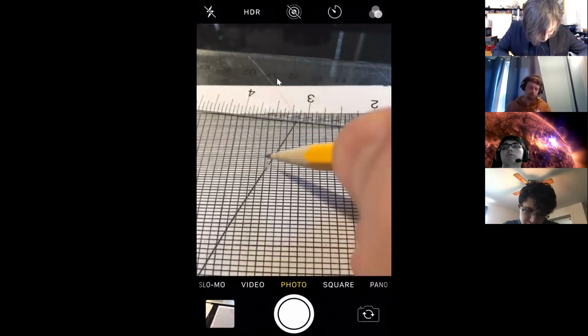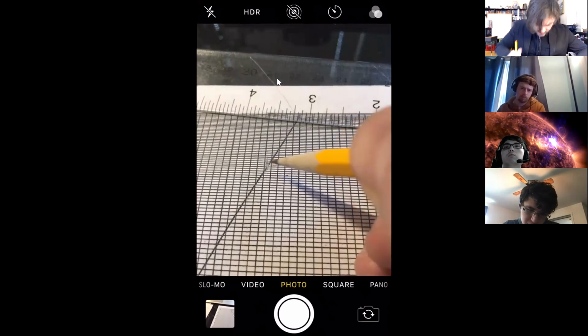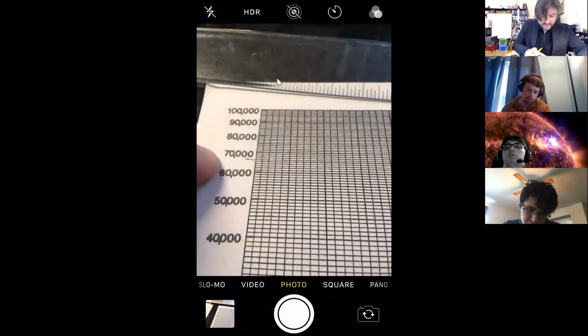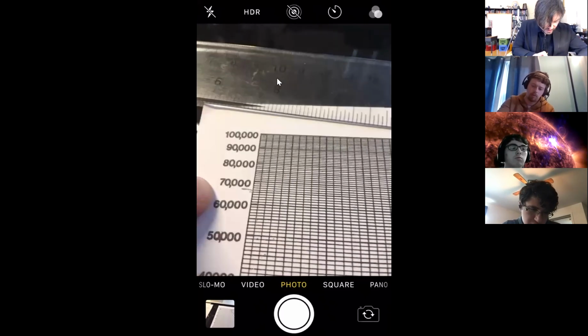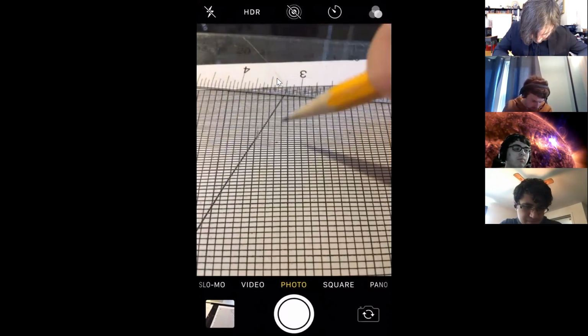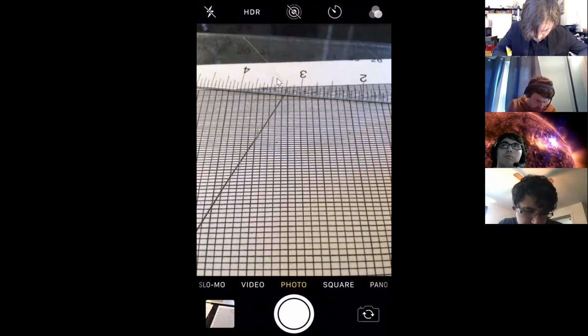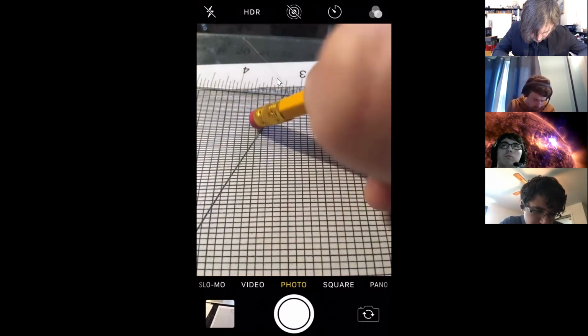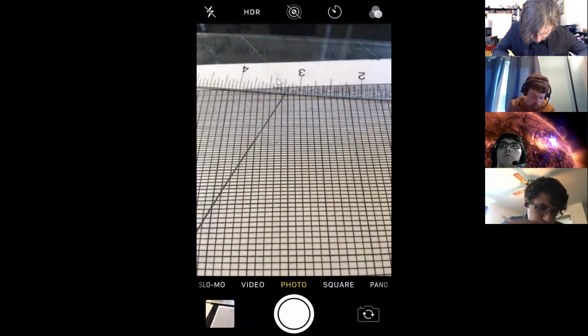It's a really tough call. It's definitely between 60,000 and 70,000. Each tick mark is 1,000. Yeah, maybe you're right.